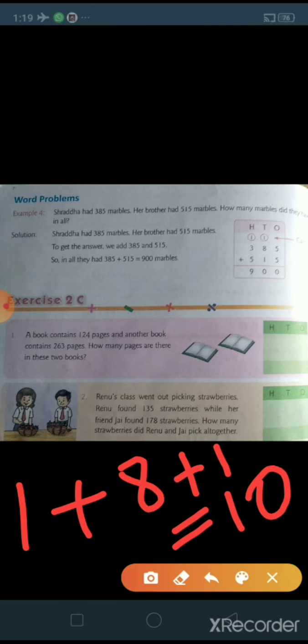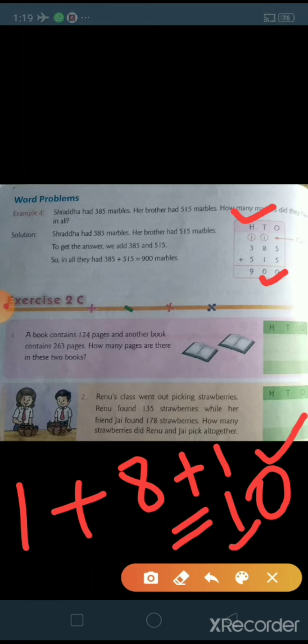This is 10 tens, so we write 0 in the tens place and carry the 1 to the hundreds place.